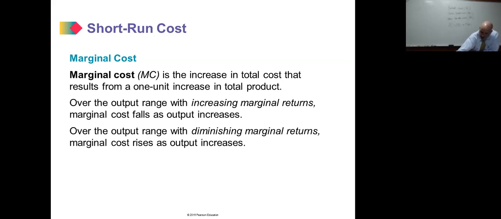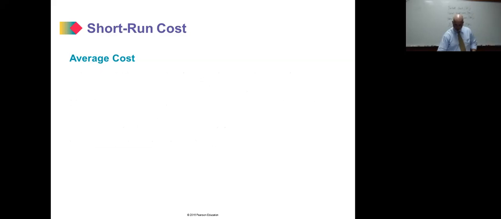Over the output range with diminishing marginal returns, marginal cost rises as output increases. Remember I said, we're in a situation where we're getting increasing marginal returns as cost decreases. That's a good place. But over the output range with diminishing marginal returns, marginal cost rises, which might point to a different outcome.